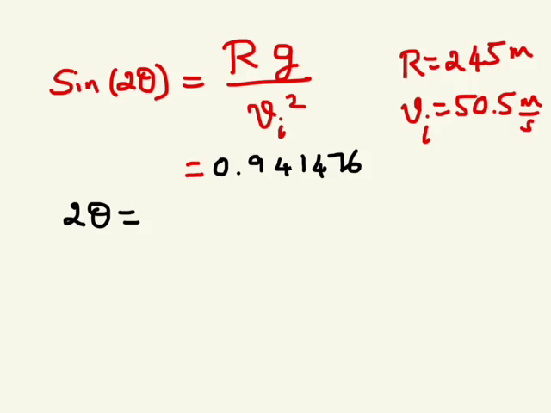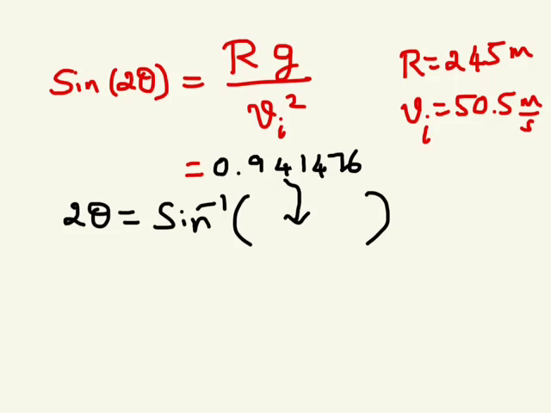Okay, so if I just rewrite the range formula for sine of 2 theta, it's r times g over vi squared, where r and vi are given to me. And if I substitute those, I get something like this. So I can write down 2 theta as the inverse sine of all of that stuff here.